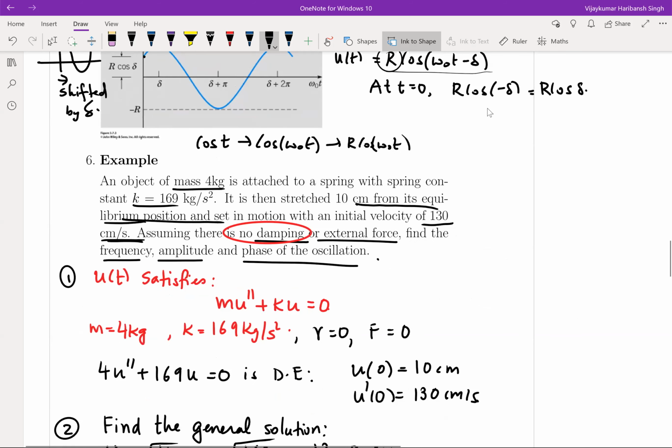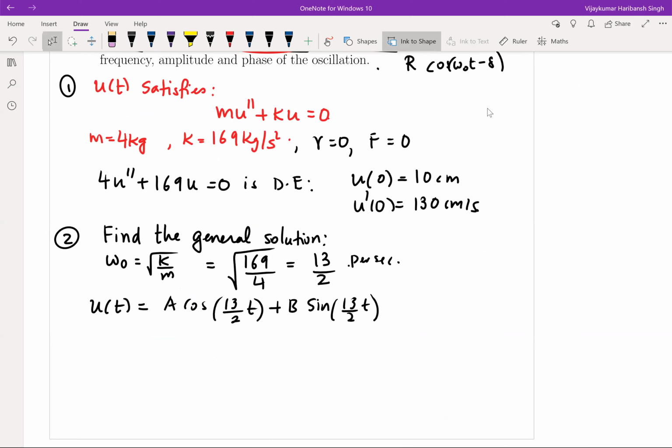Because that's what is being asked here. Find frequency, which is omega naught, amplitude is r, and phase of oscillation is delta. So first we need to write it in the form r cosine of omega naught t minus delta. This is the format we want to write it in. So now we need to find a and b.